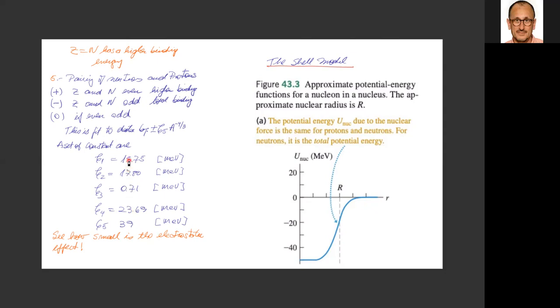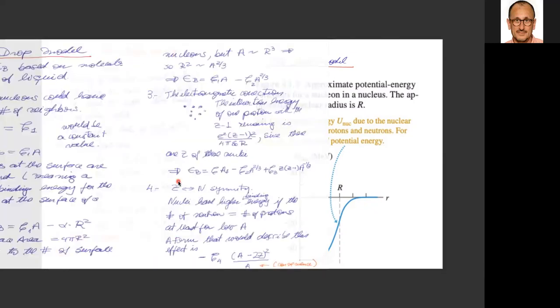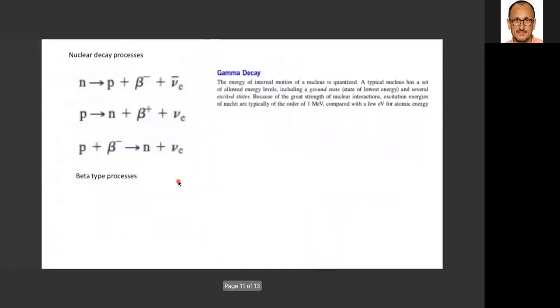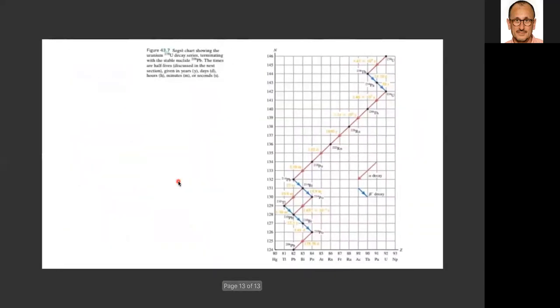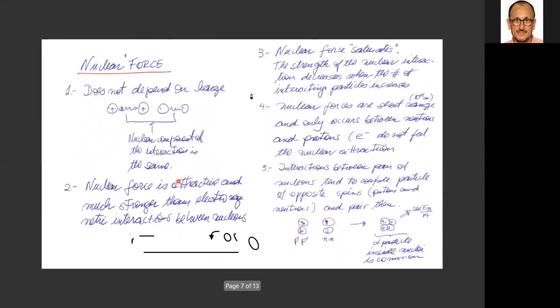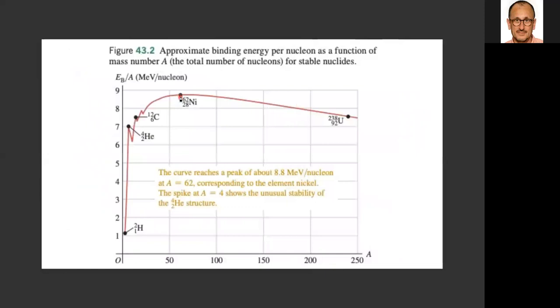Okay, so this is a pretty good model. This line over here is a prediction. It's a theoretical prediction of what should happen to the different nuclei.